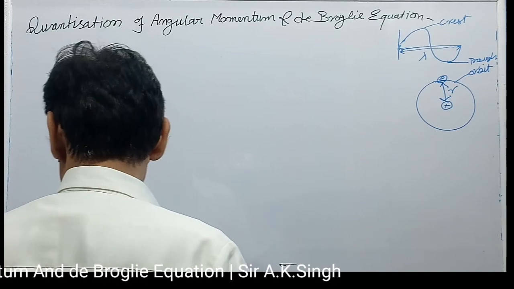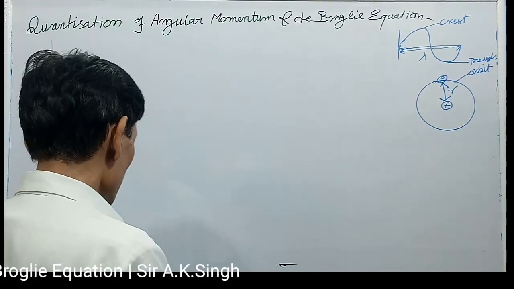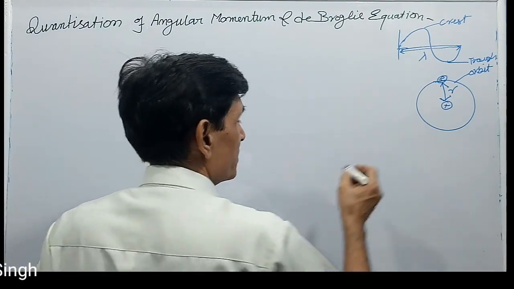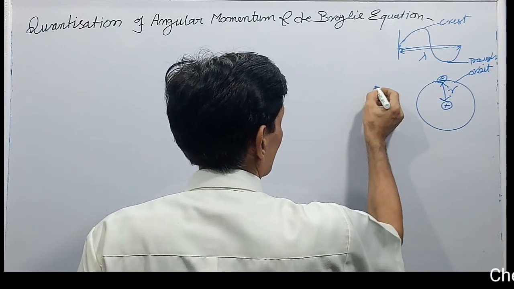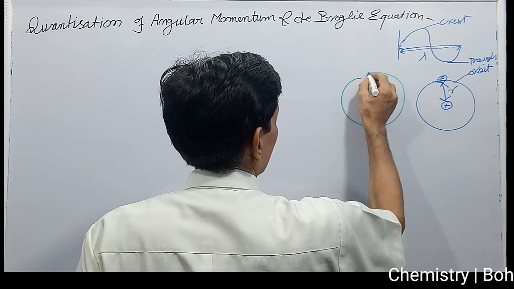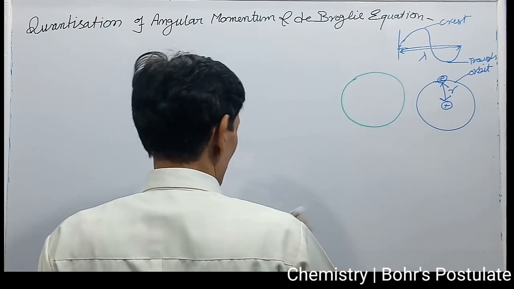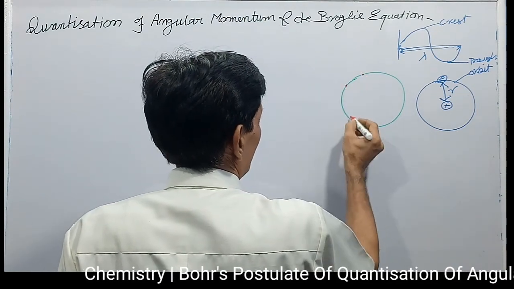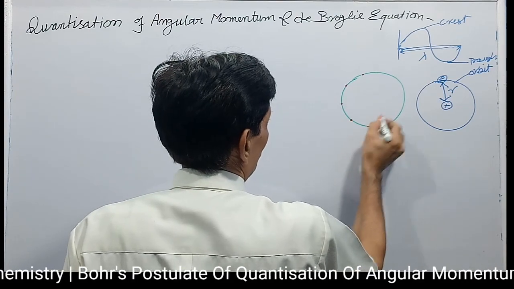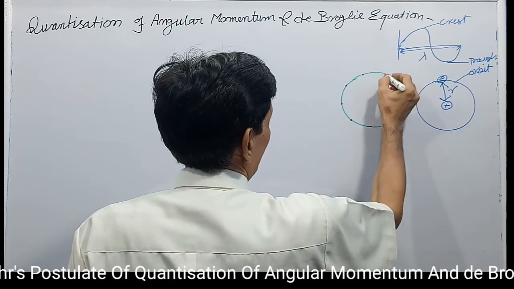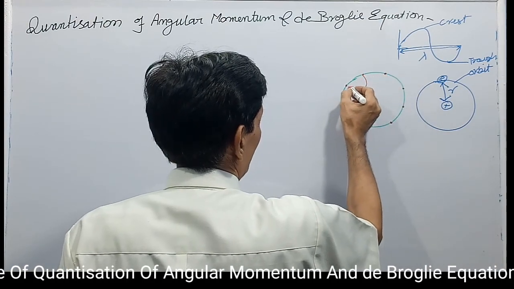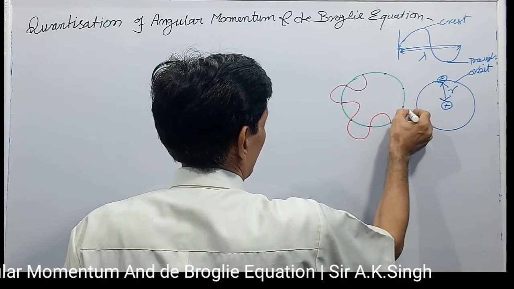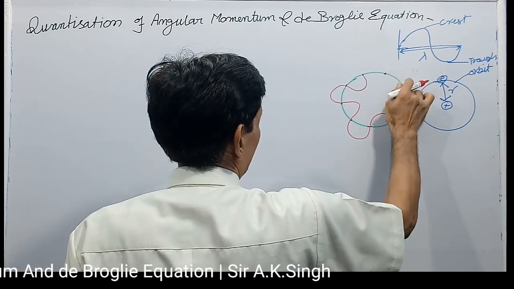Now let us see that. Suppose this is a circular orbit, and the electron is moving there in the form of a wave, like this.